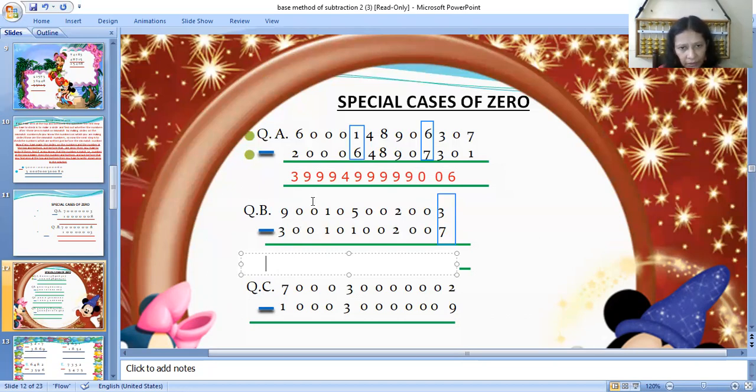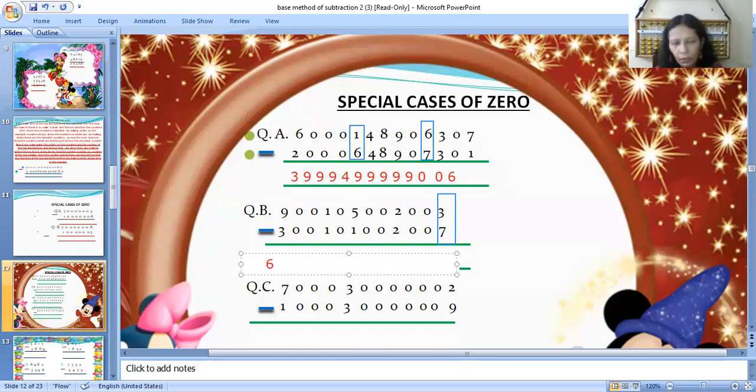It is same. It is same in this also. Here 5 minus 1 is 4. Okay, and this is match also. If this is match, so all the numbers before these are also match. Okay, 9 minus 3 is 6, so you will write here 6.